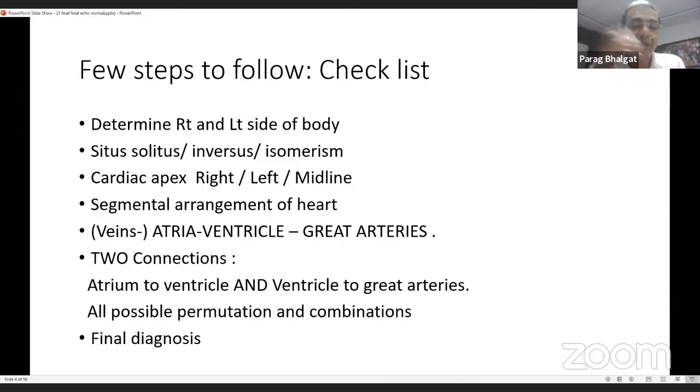Then segmental analysis of the heart, deciding the segmental arrangement. There are three segments: atria, ventricles, and great arteries. And there are two connections: atrioventricular connection and ventricle to great artery connection. So we can get all possible permutations and combinations in this setting. All things put together make the final diagnosis.